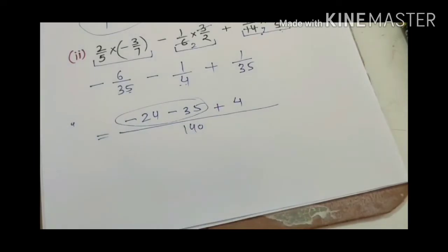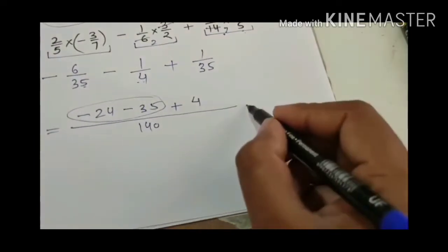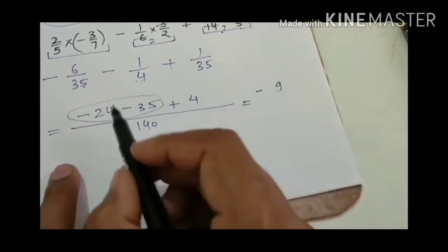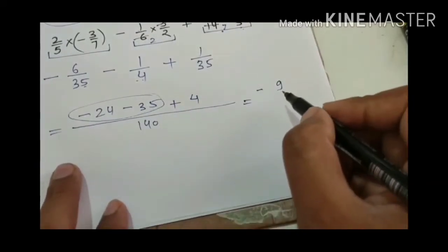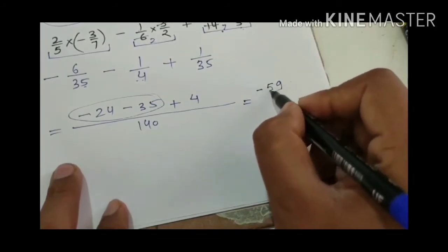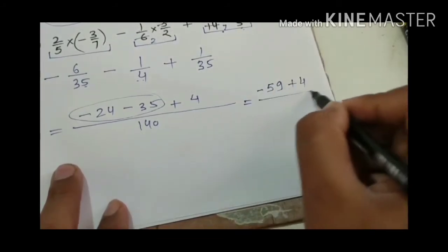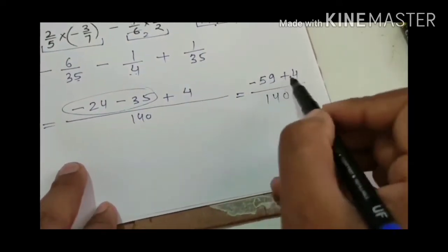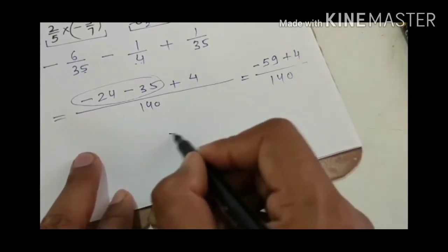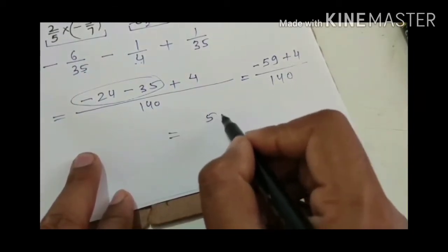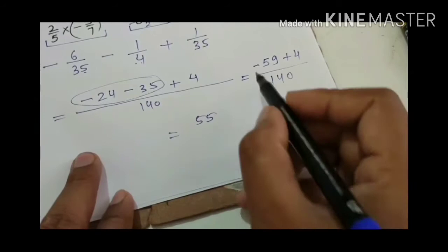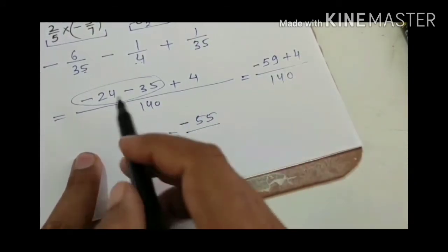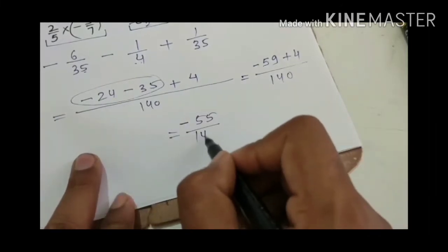So these two numbers are minus 24 minus 35, that will be minus 59 plus 4 by 140. Now minus 59 plus 4 is minus 55. As the bigger number is negative, the minus will be there, so over 140.